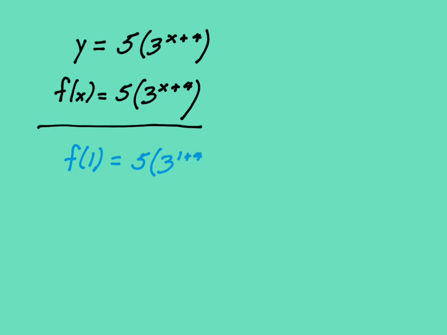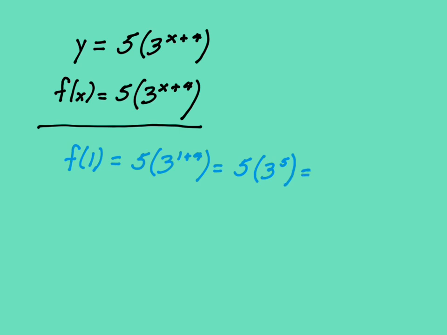So if I do that, I'm going to have this 5, and I'm going to have a 3 to the 1 plus 4 power. Now, I can't multiply first. I've got to do order of operations. So I've got to go ahead and figure out my exponent. My exponent is 1 plus 4, which is now 5. So this is 5 times 3 to the 5th power.